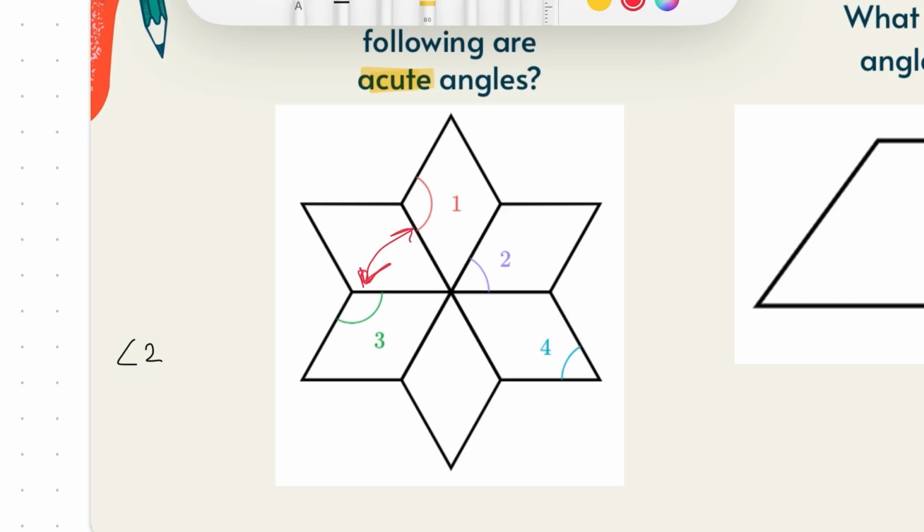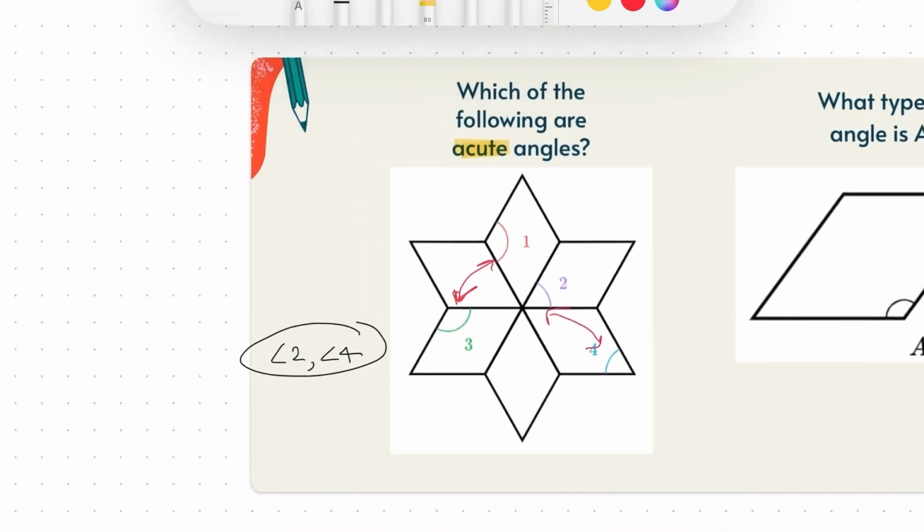So, therefore, 3 is likely an obtuse angle as well. What about 4? Well, like 1 and 3, 2 and 4 also look congruent. So I would add angle 4 to our list of answers. So therefore, for this question, you should get 2 and 4 as your acute angles.